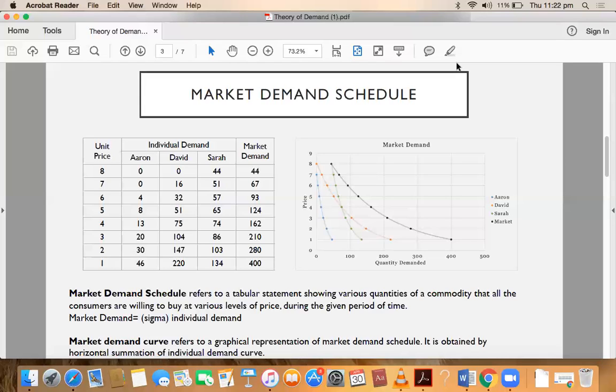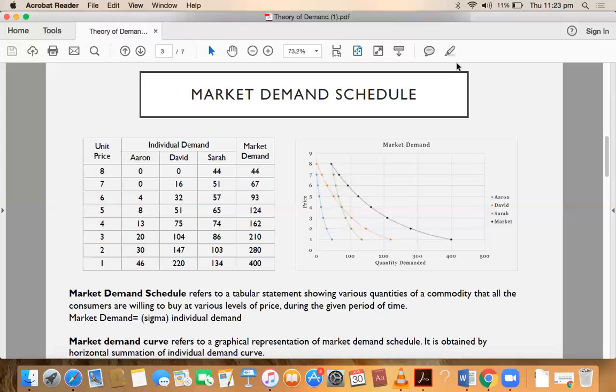Sarah's demand curve is shown by green color. At the price of rupees 1, Sarah is demanding 134 units of the commodity, and it is shown in green color that at rupees 1, Sarah's demand is 134 units.